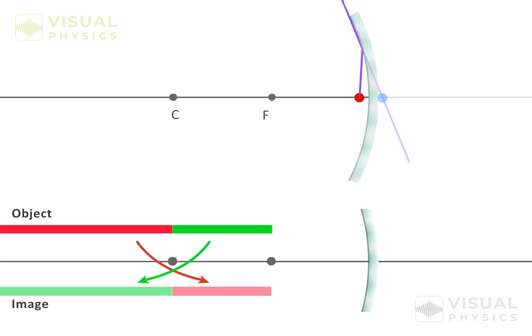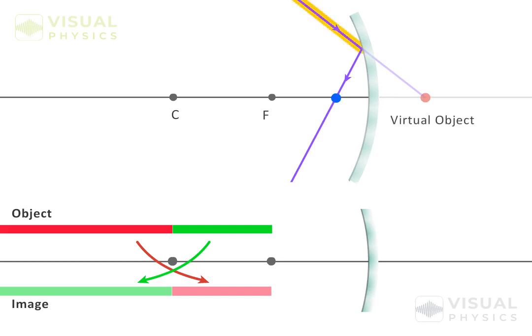Now, a real object cannot go beyond the mirror. But if we just continue this pattern, then incident rays will be as shown, and will form a virtual object, and the reflected rays will become converging, and thus form a real image on this side of mirror.